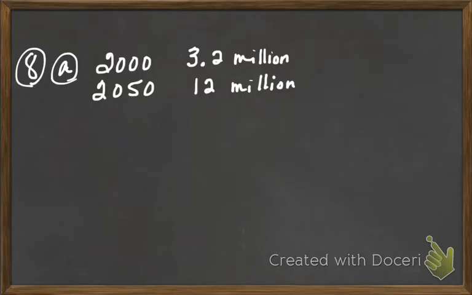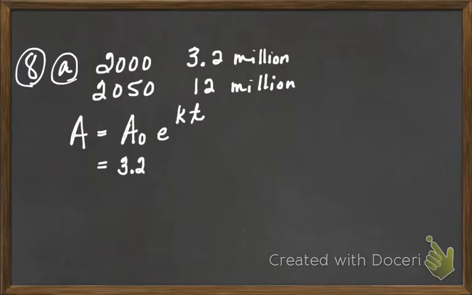They're wanting you to write a growth model where you can plug in any time, any population, and solve for that. Okay? So let's plug in what we know. A equals A sub 0 e to the kt. Do we know the original population? Yes, the original population was in 2000 and it was 3.2. Do we know the ending population?